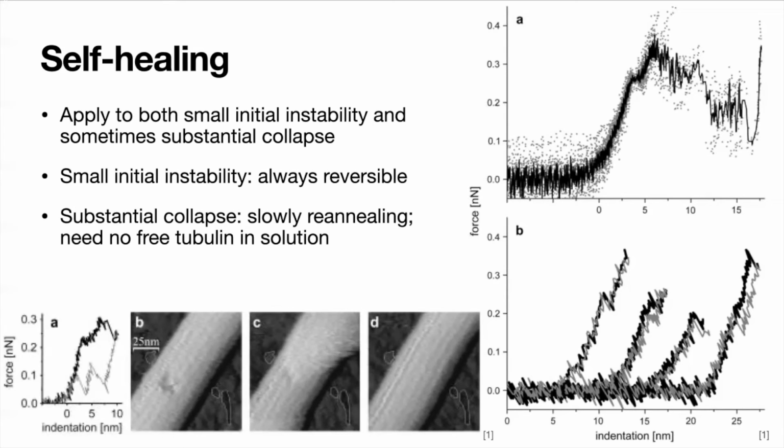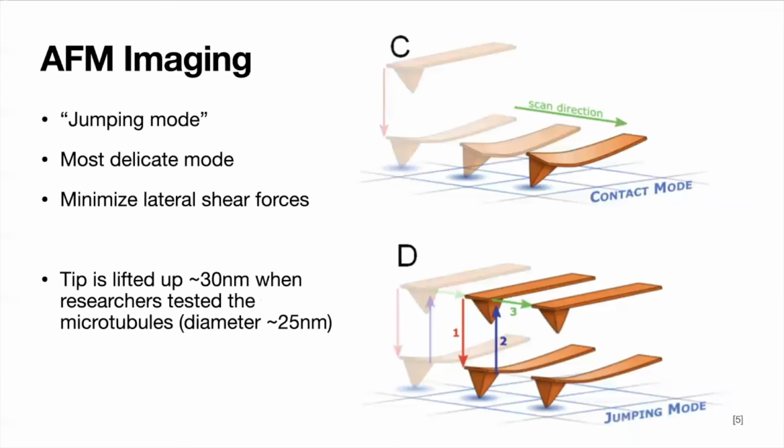Sometimes, even if the microtubule already collapsed, it may still slowly reannihilate. The holes on the microtubule may be recovered by themselves even if there is no free tubulin in the solution. Self-healing is a pretty interesting mechanism for soft matter like polymers and especially some biopolymers.